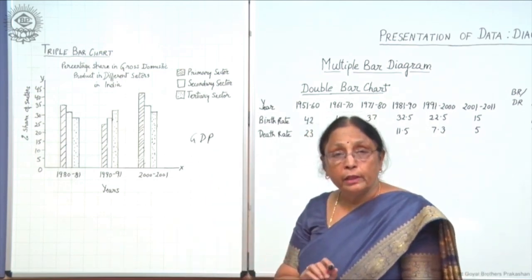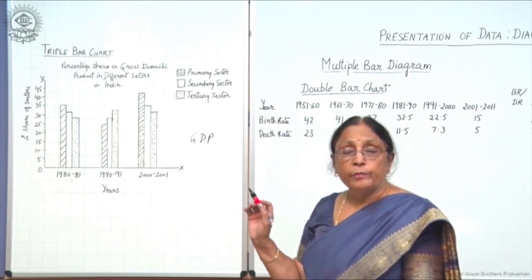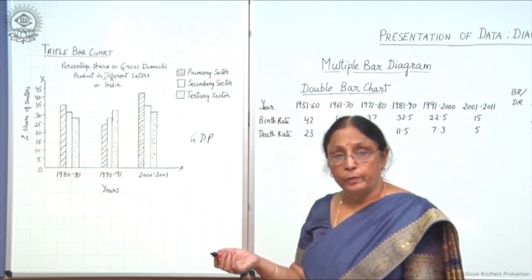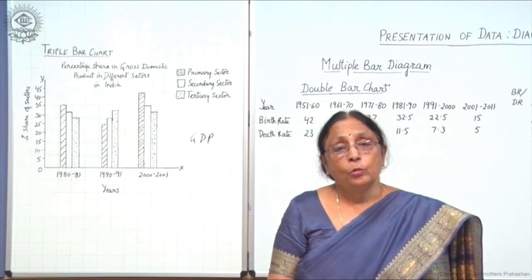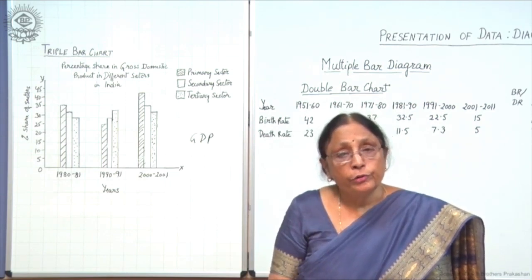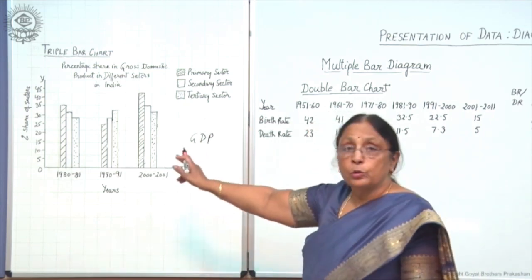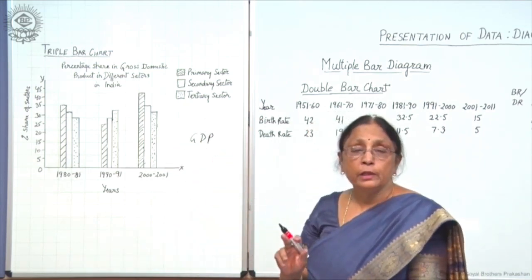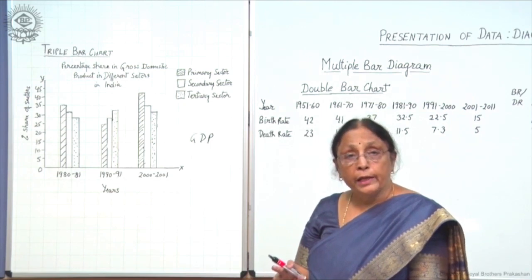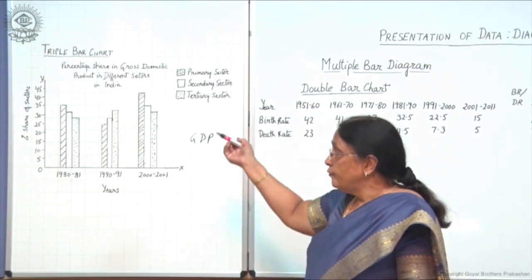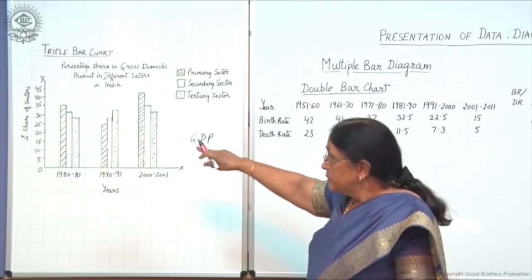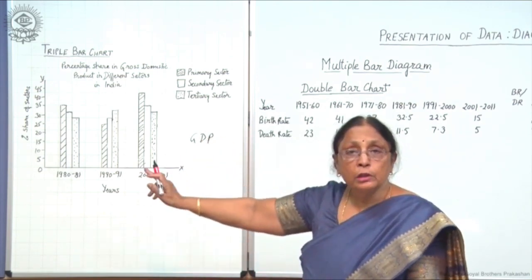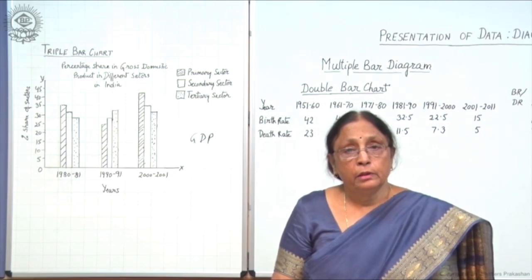And remember one thing, children, when you are making a double bar or triple bar, whatever symbol you are using for a particular variable, the same symbol should be used in the other set also. And besides this, if you are taking primary first, then secondary, then tertiary, in the second set also follow the same pattern, right.